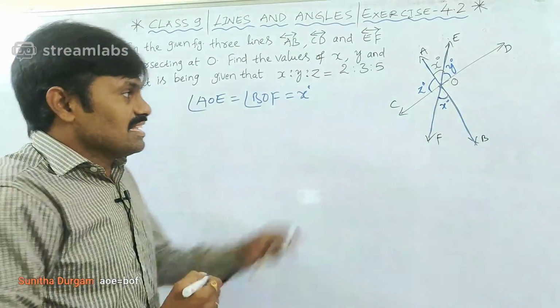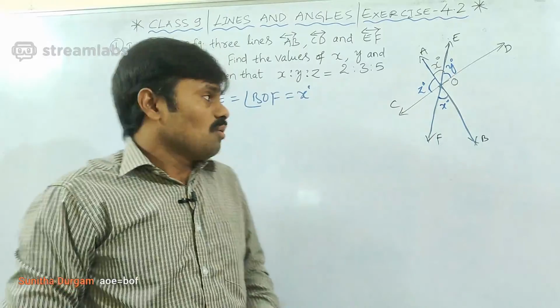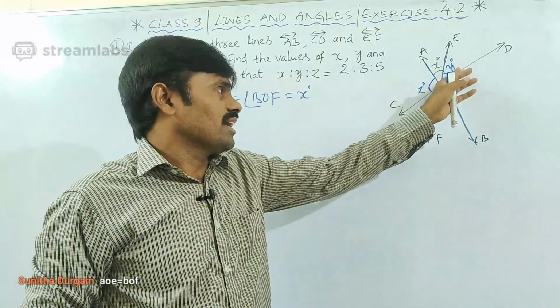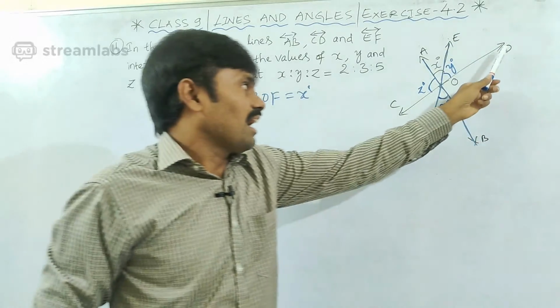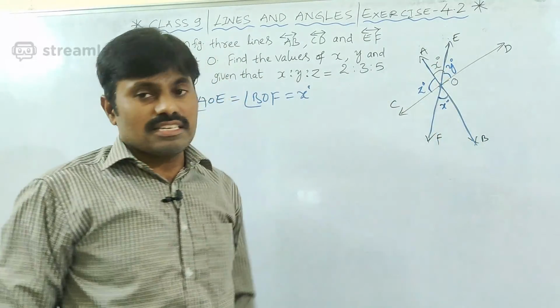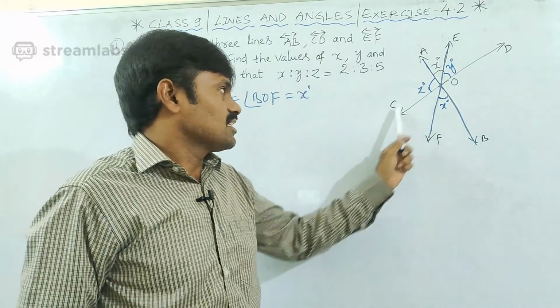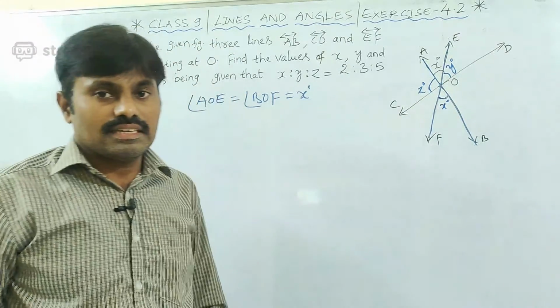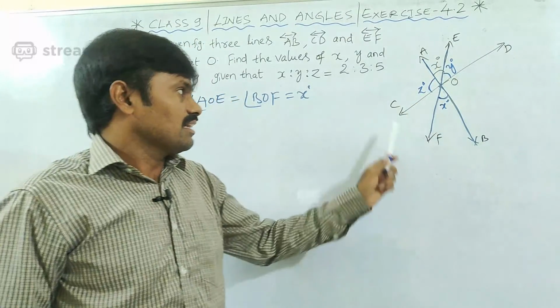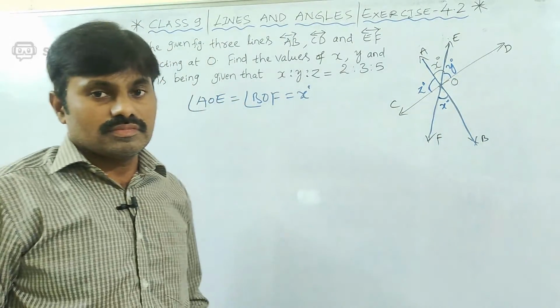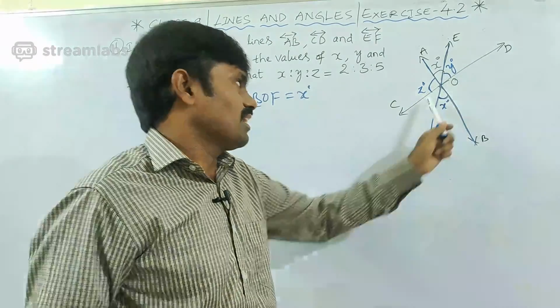Okay, clear. Similarly, what about the angle equal to y degrees, that is DOE. Here angle DOE is equal to angle COF, because these two are vertically opposite angles.